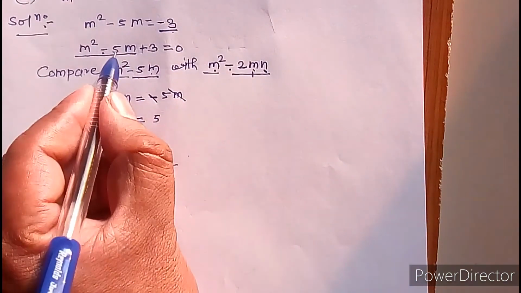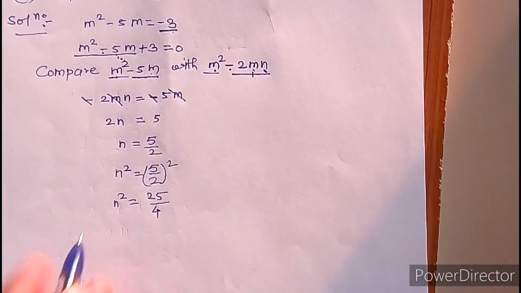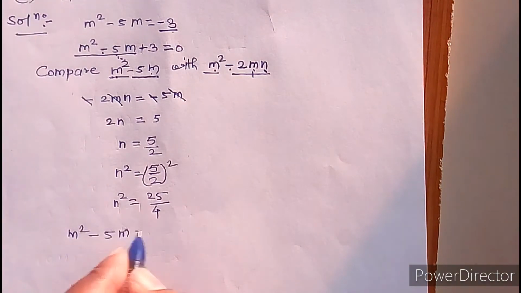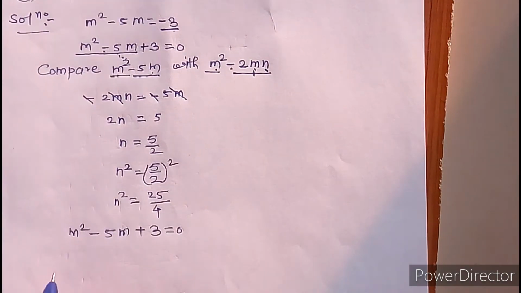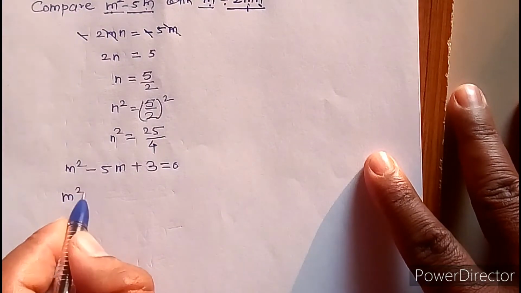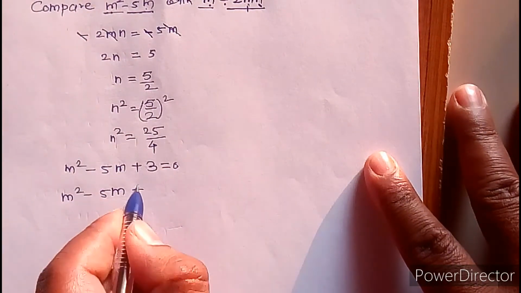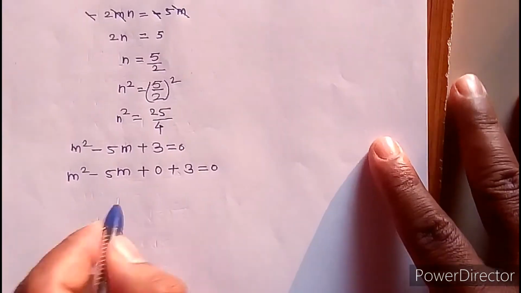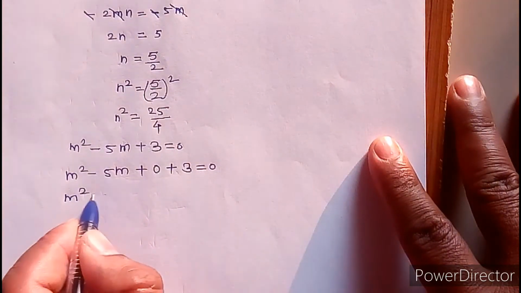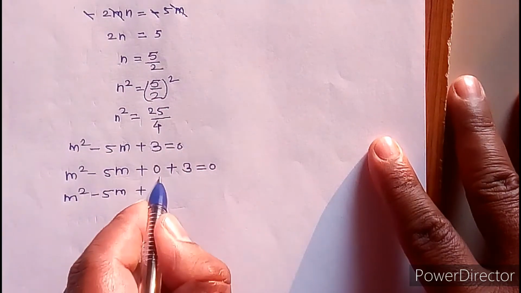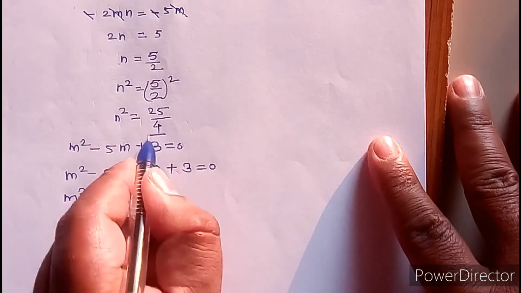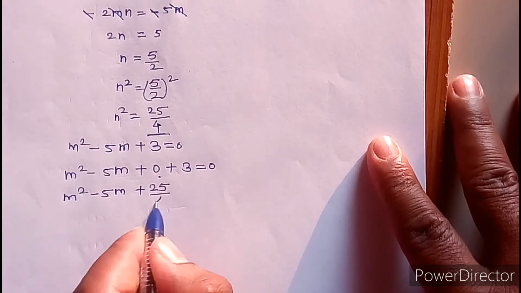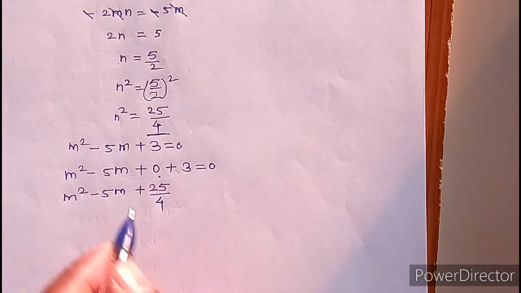Now write down the quadratic equation as it is, that is m square minus 5m plus 3 equals to 0. Now here m square minus 5m plus 0 plus this 3 equals to 0. Here we have to adjust the value of n square in place of 0, that is 25 by 4. Always write down the plus term first.